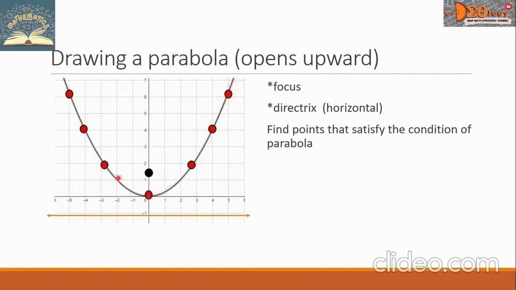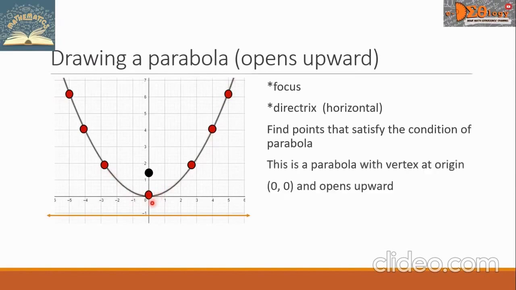And we put one point of the parabola in the origin. This is now a parabola with vertex at origin and opens upward. We let a be the distance from the vertex to the focus.